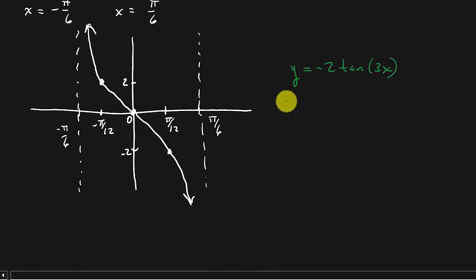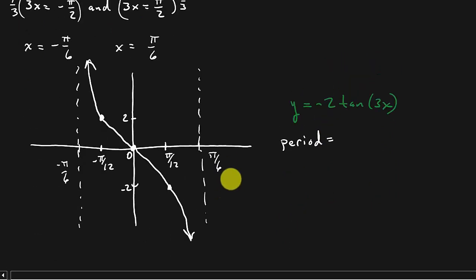That's the main thing I wanted to show you on this example: if there's a negative in front, it just flips the graph. So the period would be pi over b, which in this case is pi over 3. And my vertical asymptotes, well, I've got a vertical asymptote here at pi over 6.